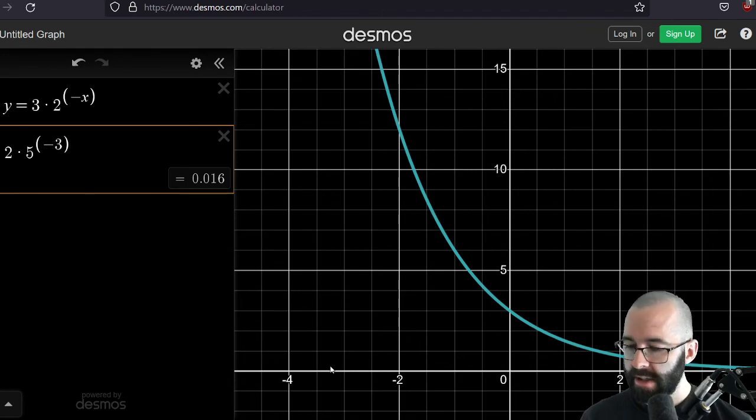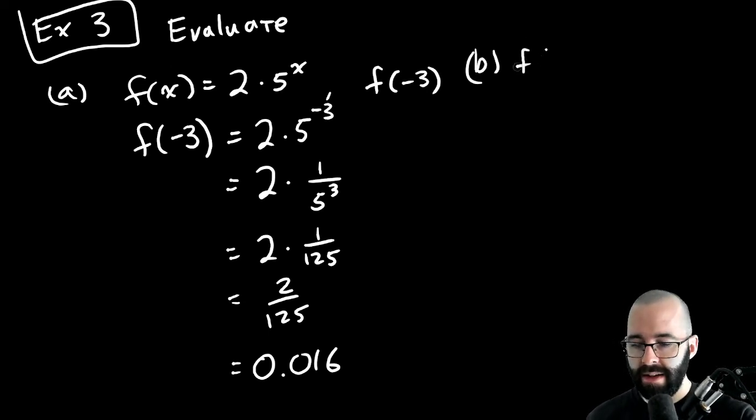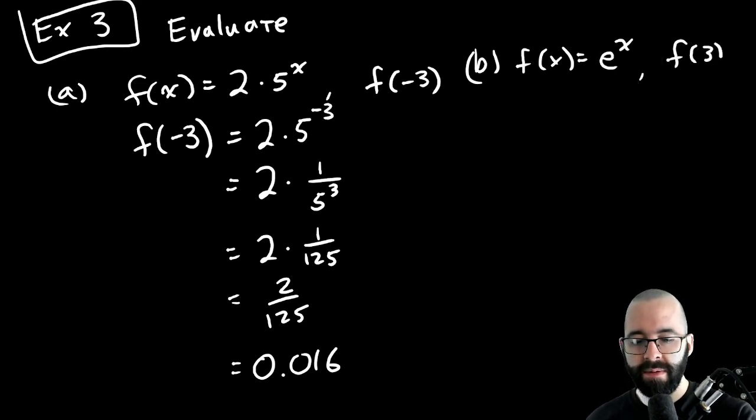All right, and we'll do one more, kind of a sneaky one. f of x is equal to e to the x. Find f of 3. We haven't mentioned e yet, so I'm not going to go into it now. But you can still use your calculator the same exact way.